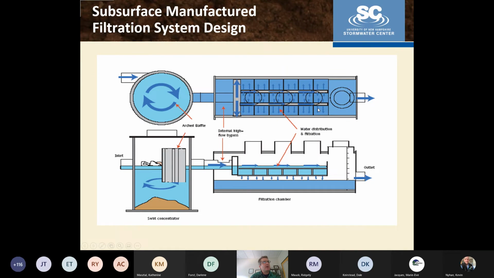There are also manufactured filtration systems. And there's an emergence of cartridge filters as well, or ribbon filters. These would be more proprietary systems that use some type of media and some type of modular subsurface system to filter the water.